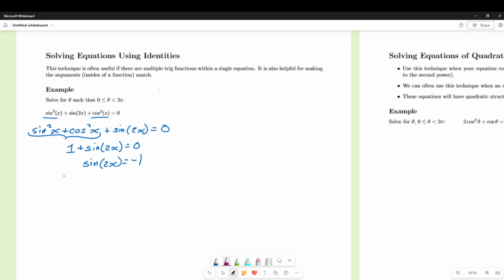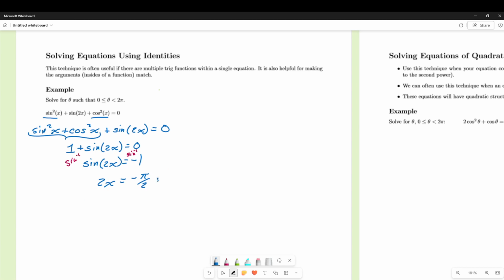Then we can throw in our nice inverse function. That's going to leave us that 2x as long as we're careful. And sine inverse of -1 is negative pi over 2. But again, we have to be careful. This sine inverse thing only undoes itself within our proper restrictions.